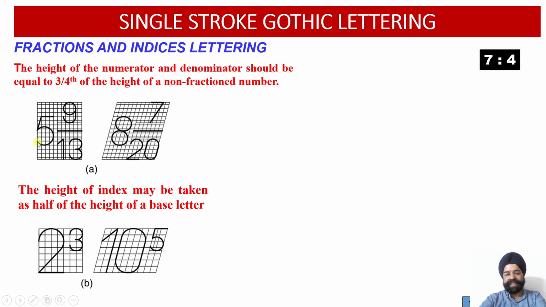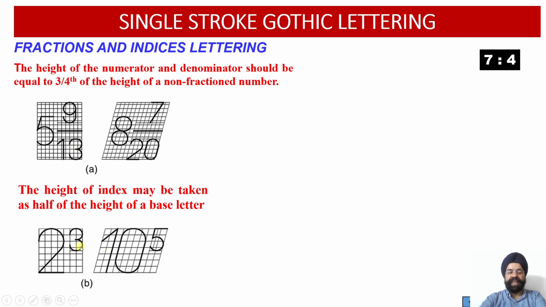So whatever is the 7 is to 4 ratio, divide this by 3 by 4. This will be the size for your numerator and this will be the size for your denominator. For the non-fraction portion, it will be 7 is to 4. For the fraction portion, wherever the numerator and the denominator are there, the sizes will be reduced.